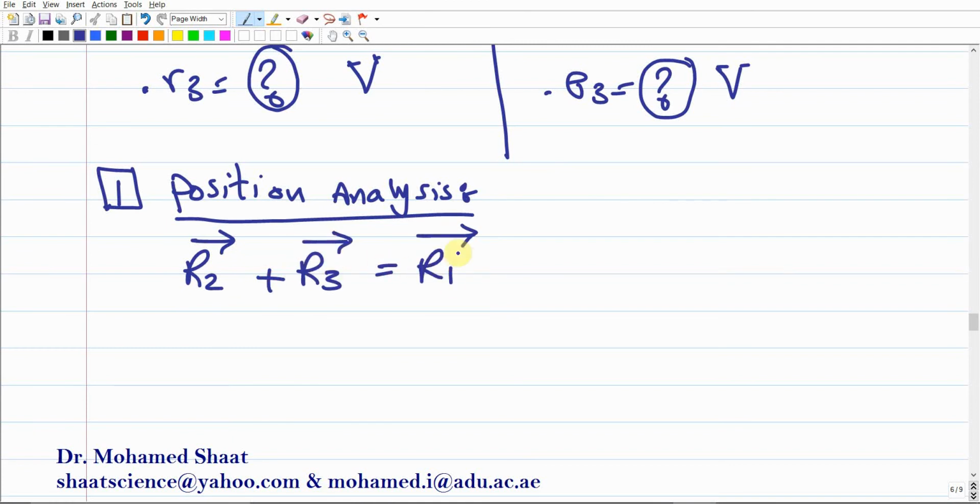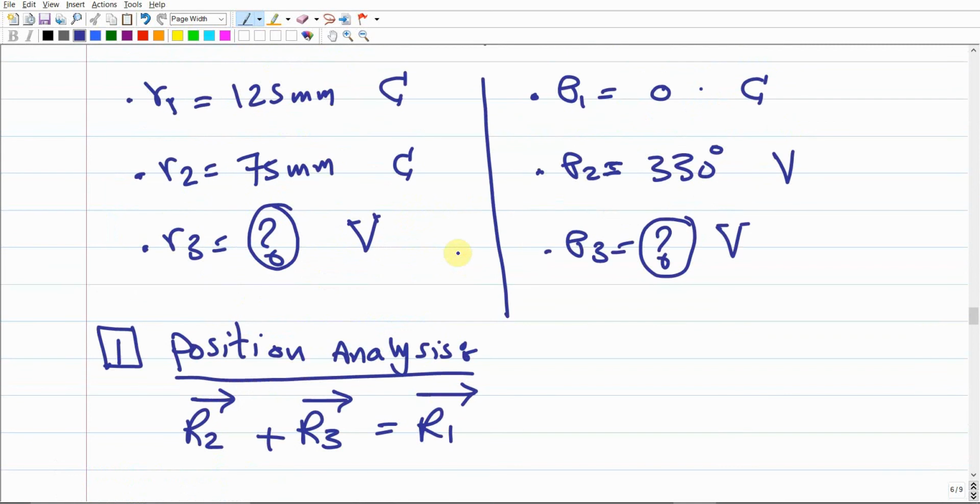This is gonna give us the loop closure equation. As given here, R1 is already fully defined. R3 is fully unknown. So this is case 1, right? Because you have the position and magnitude of the same vector unknown, and R2 is already fully defined. Make sense?